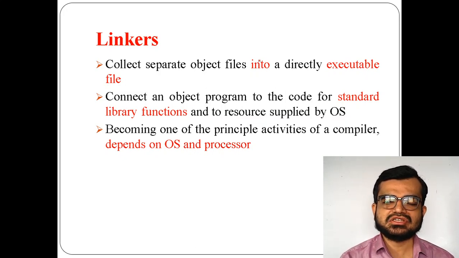An object file is your machine-understandable file, and an executable file is something which already runs, which executes. So the linker will connect all those object files so that it can have an executable file. That connection of object programs to the code happens through library functions.